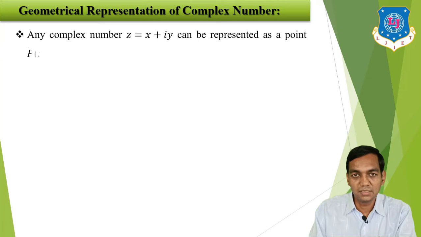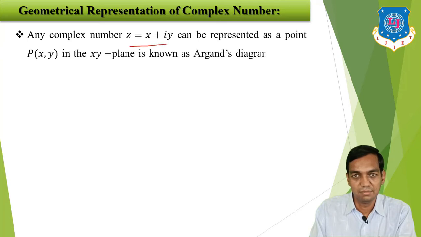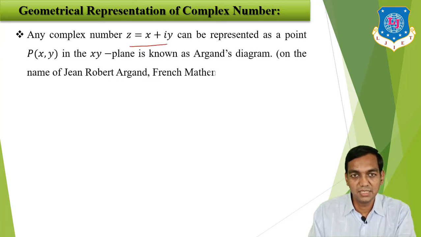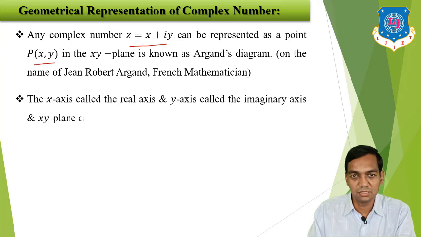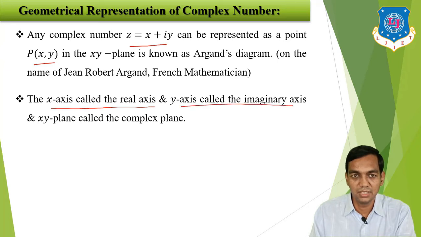Now, if you have any complex number z equal to x plus iy, then it can be represented in the form of (x, y) in the xy plane, which is called the Argand diagram. The x-axis is called the real axis and the y-axis is called the imaginary axis. So the xy plane is also known as the complex plane.